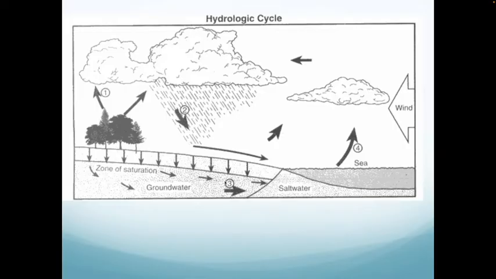Step 3, you have a combination of runoff, which would be like water going along the top of the ground, and then the water being absorbed into the ground and going into groundwater. Eventually that makes its way to the sea, where it is evaporated, and the whole cycle continues.